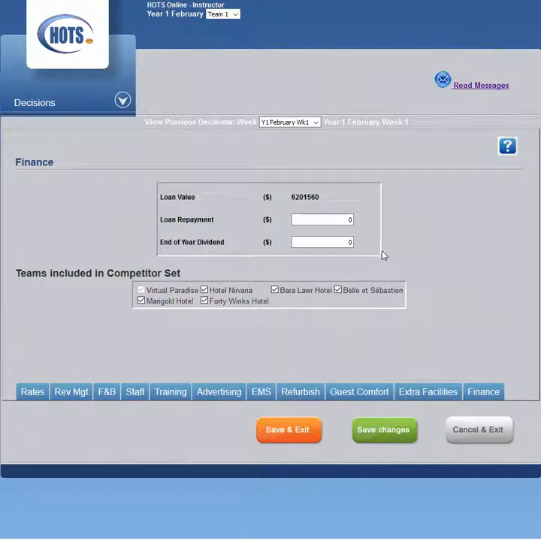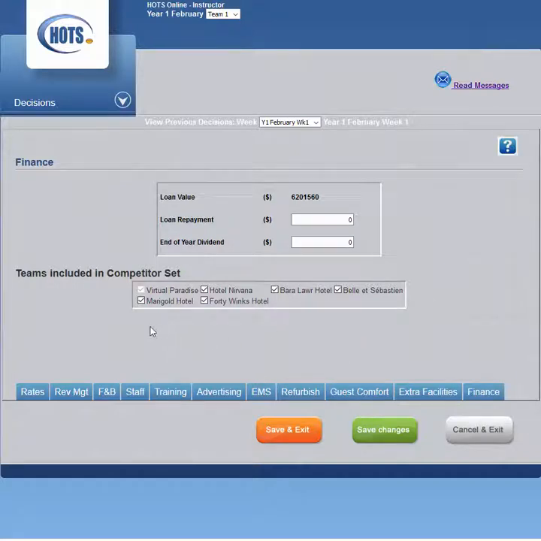The business is a corporation, so at the end of the year, a team can decide to issue a dividend to its shareholders. And also, because the teams can develop different types of properties as they work through the exercise, so 2 or 3 teams could be running economy properties, budget properties, whereas 2 or 3 other teams are running luxury properties, they can decide over time which of the other teams are part of their comp set.